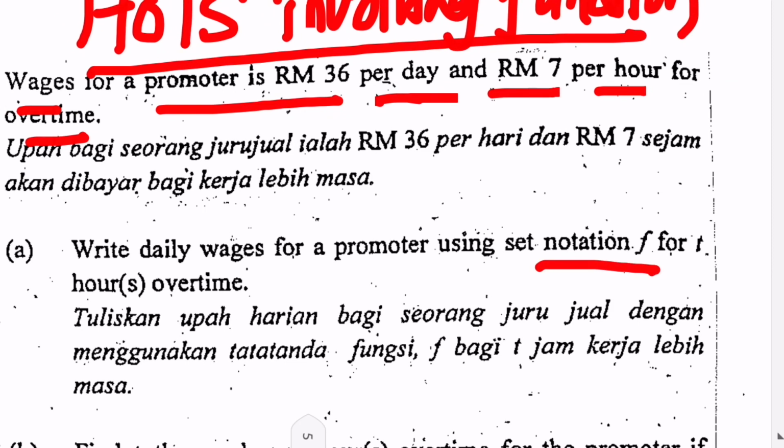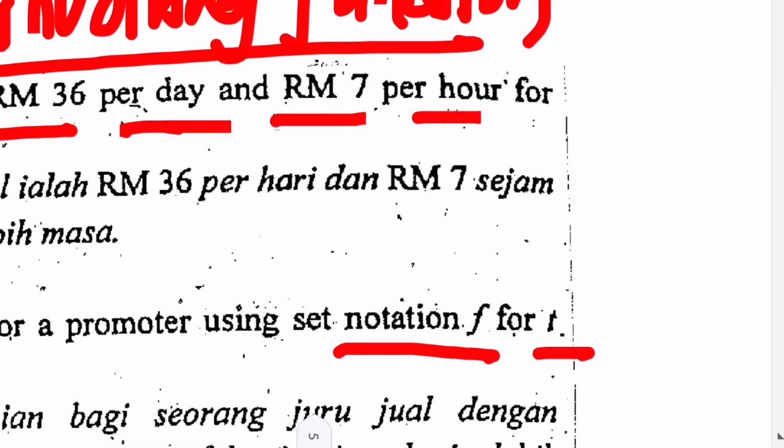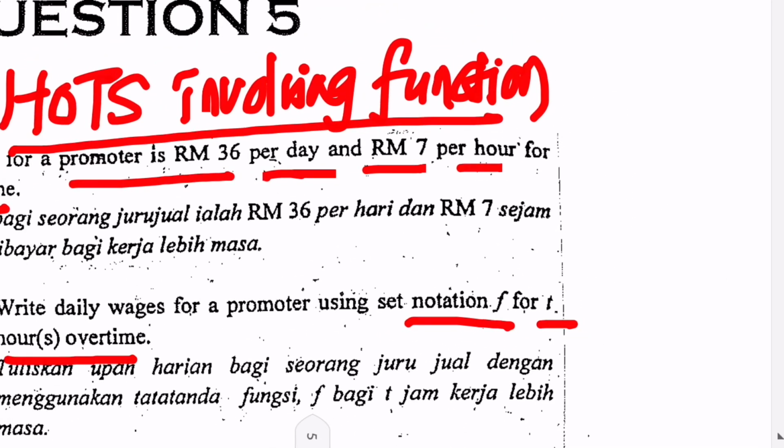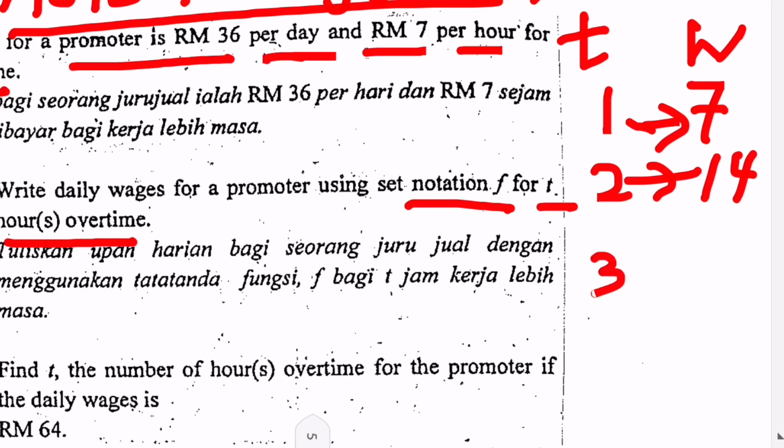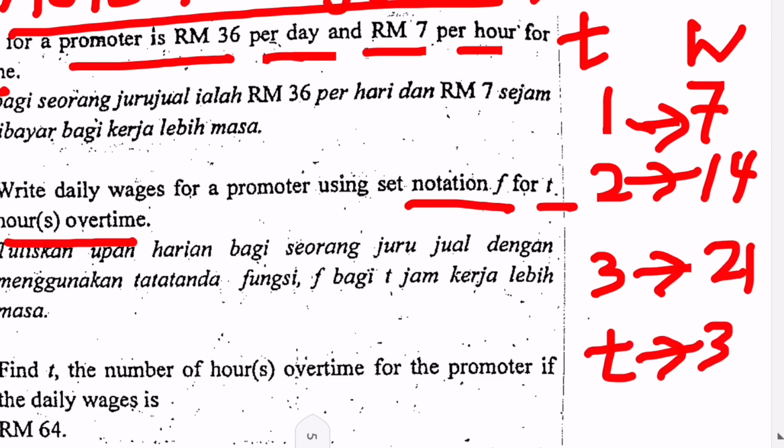Alright? So if let's say the question asks you to write the daily wages for a promoter using function notation. So the function notation is actually the connection between the time and wages. So the time is 1 hour, 7 ringgit. 2 hours will be 14 ringgit. That is for overtime. For 3 hours you work, you get 21. So for T, you will get 7T, right?